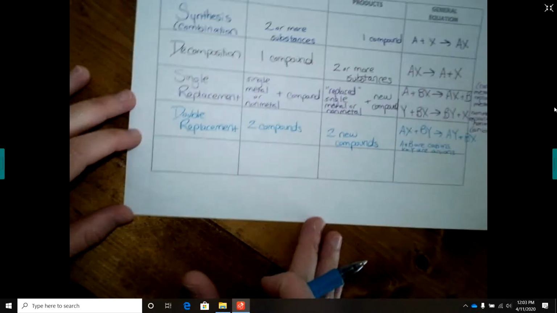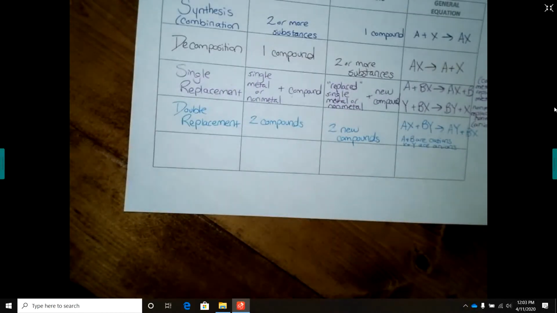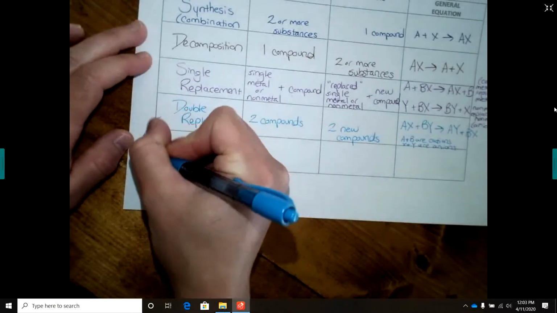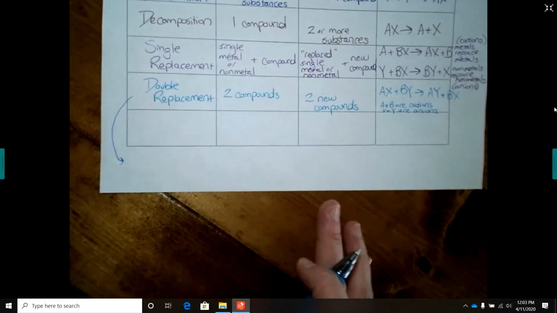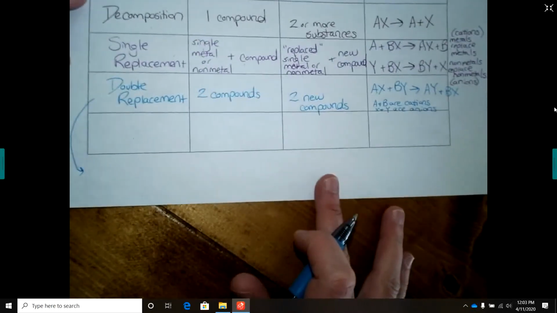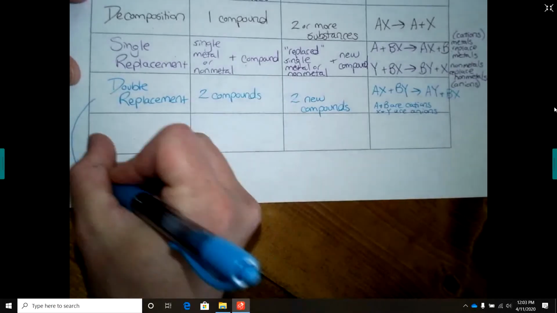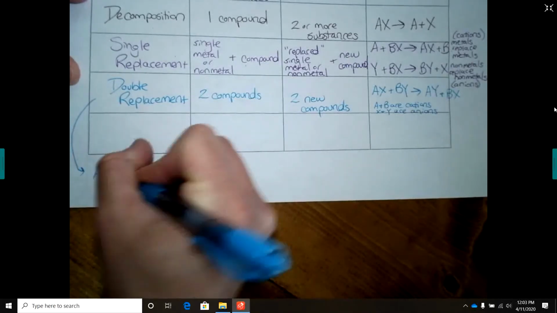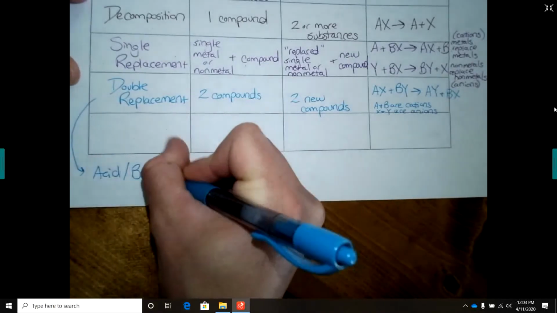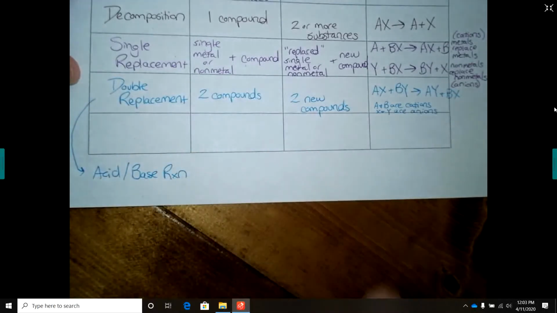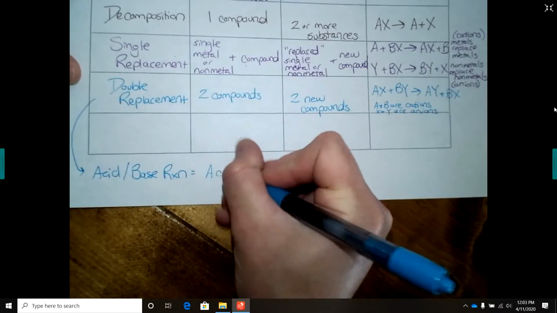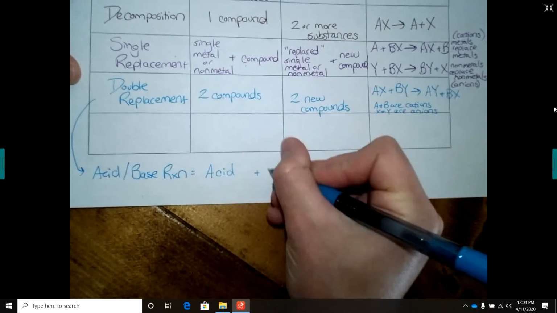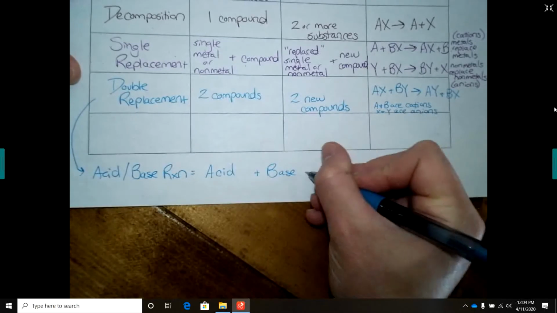One more thing I want to say about double replacement before we start identifying them. There is a specific type of double replacement, and I'm going to write this one down at the bottom. This specific type of double replacement is called an acid-base reaction. So in acid-base reactions, you have an acid that reacts with a base.